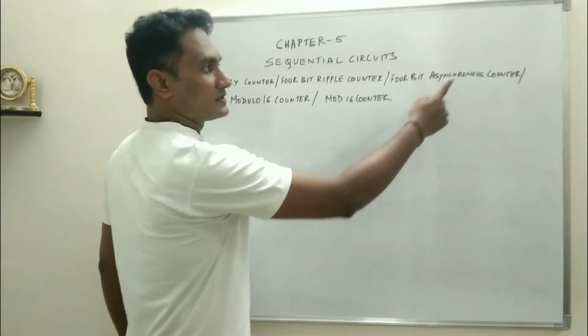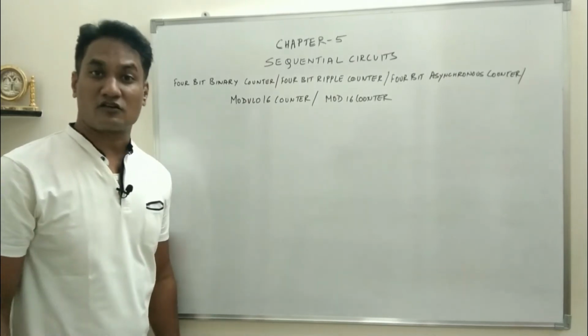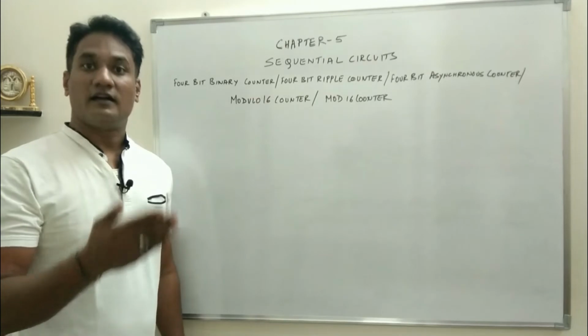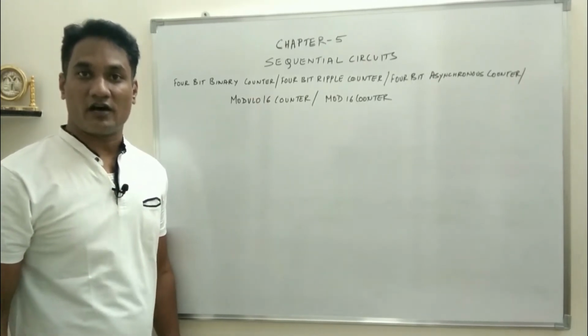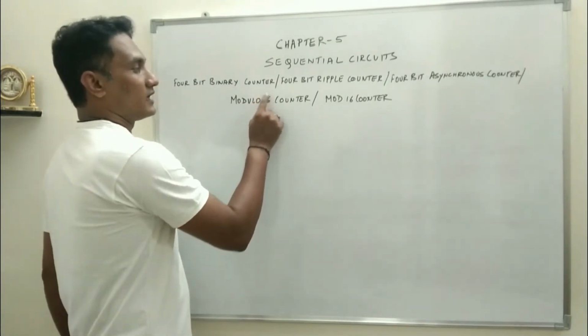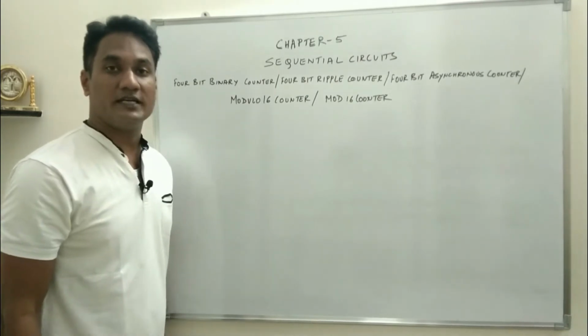Next is 4-bit asynchronous counter. By the name itself you can understand, we already know what is asynchronous. Asynchronous means all the flip-flops will be clocked differently, therefore they will change their state at different intervals of time. And modulo 16 counter, because the total number of discrete counts should be 16.